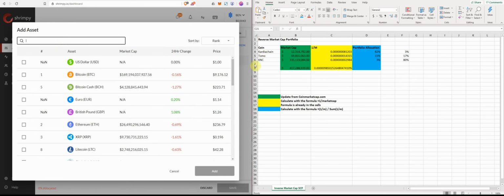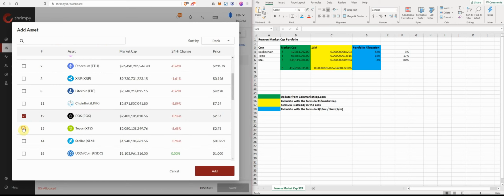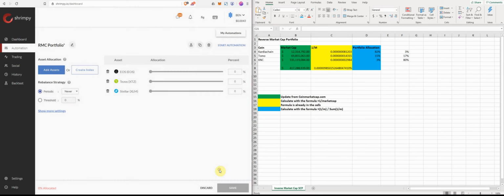Now again, in my real life example of this, I would be choosing these on a different exchange, but I'm running this example through Coinbase. So we'll just pick 3 things that Coinbase has because it really is just the point of showing how this works. So imagine EOS is Cardia Chain, Tezos is Tomo, Stellar is Kyber.